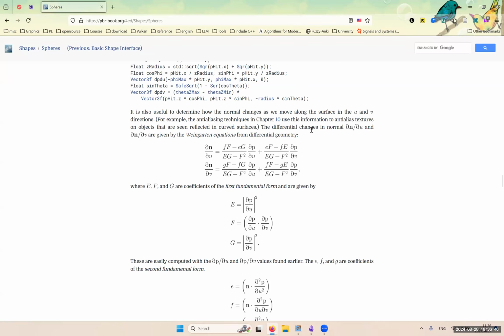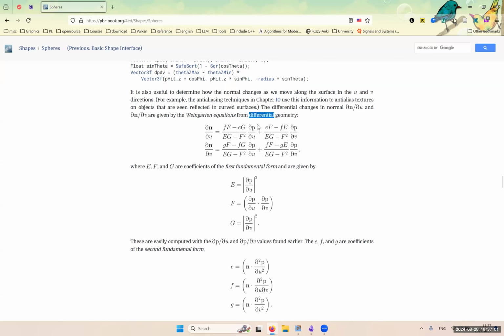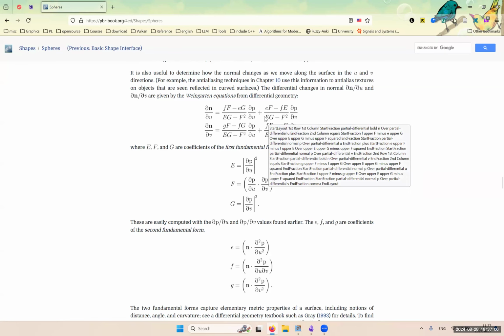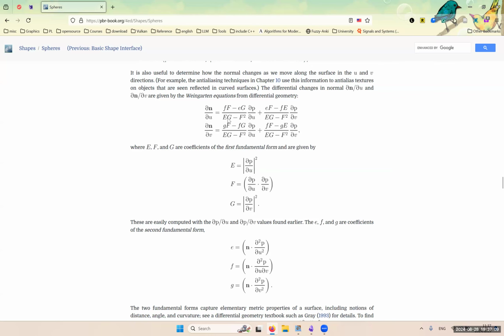The differential change in normal, partial n partial u and partial n partial v, are given by, I will not try to pronounce that. And I will not try to decipher that. It's just something I don't know. With E, F, and G, which are the first fundamental forms. Okay.